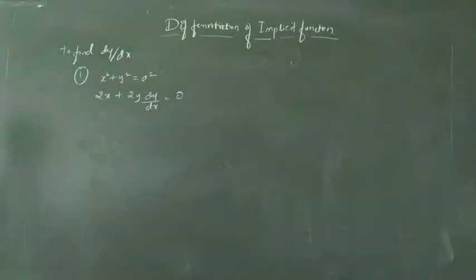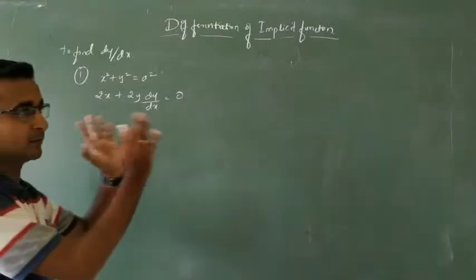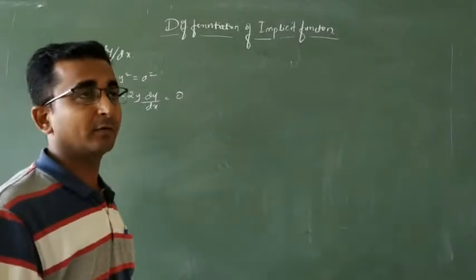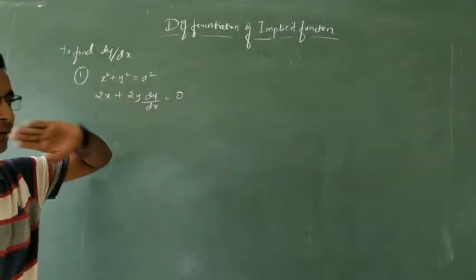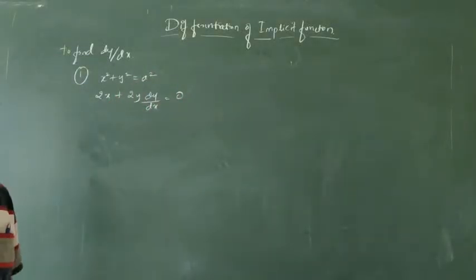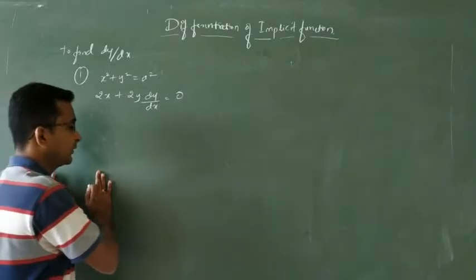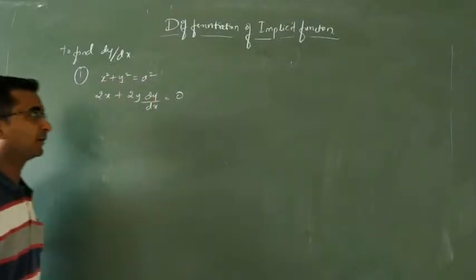Here we have to take dy by dx one side and other terms to the RHS side. Here we have to do it compulsorily. In an implicit function, you take dy by dx to one side, and whatever remains, you take to the RHS.